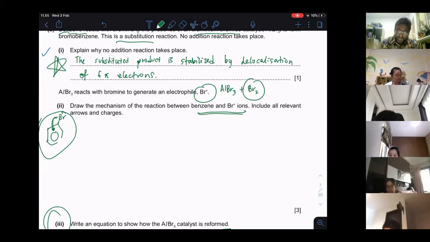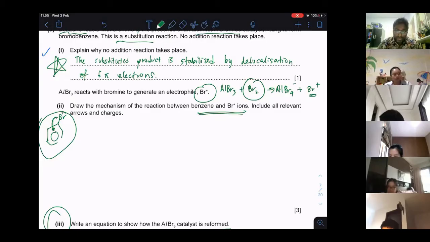That is not required for now. Basically, heterolytic fission takes place, so you are going to get AlBr4 minus plus Br plus. This is the electrophile we have over here. If they ask you to write that down, then you write down that equation.